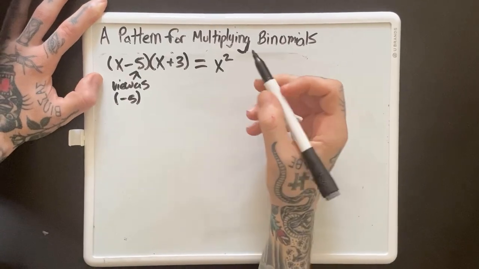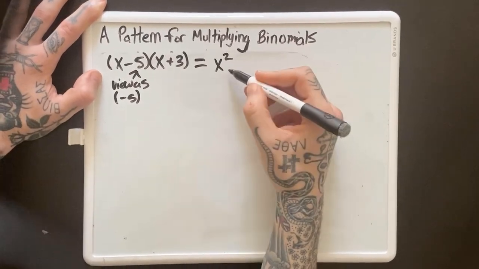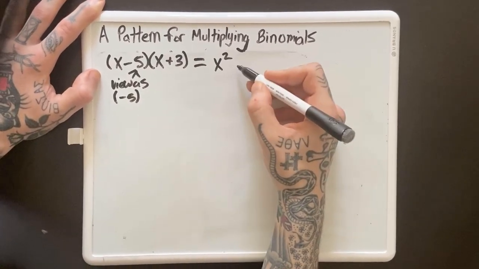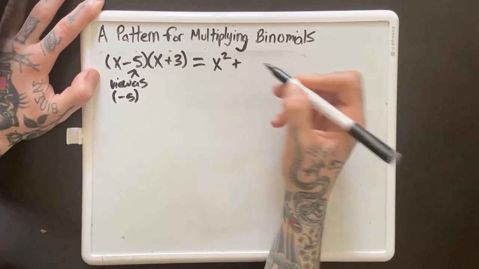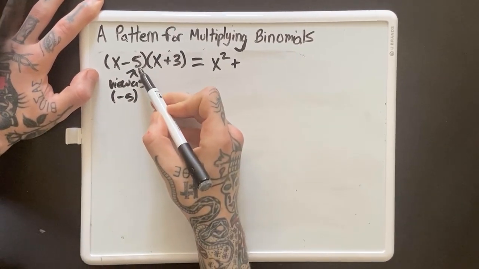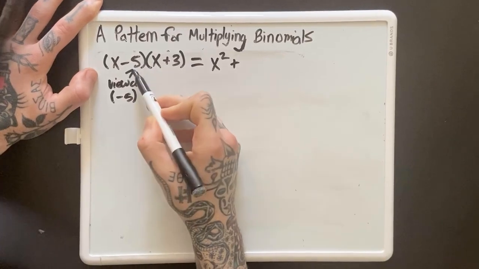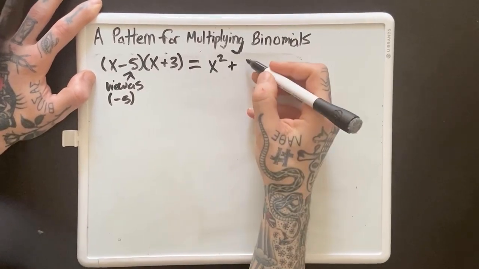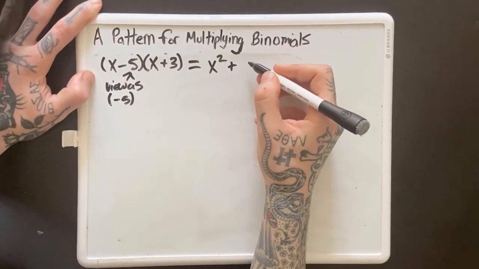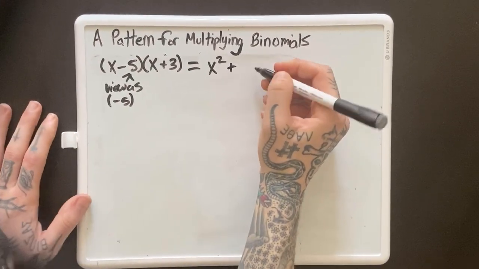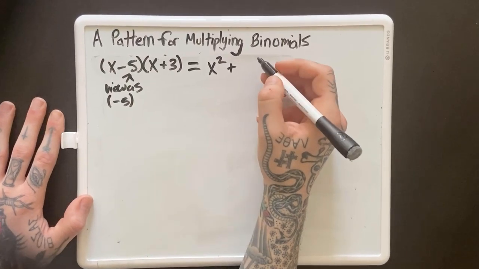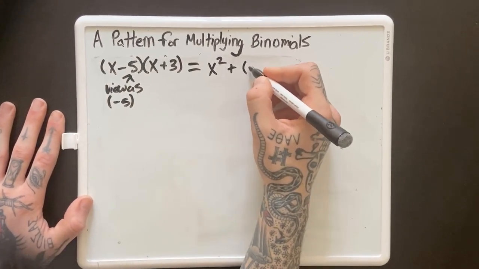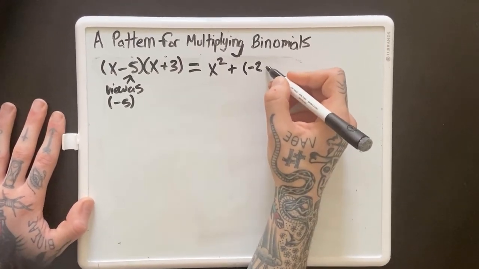Okay, so the next part of our pattern is addition. And now we're going to add these together. So what is negative 5 plus 3? It is negative 2x.